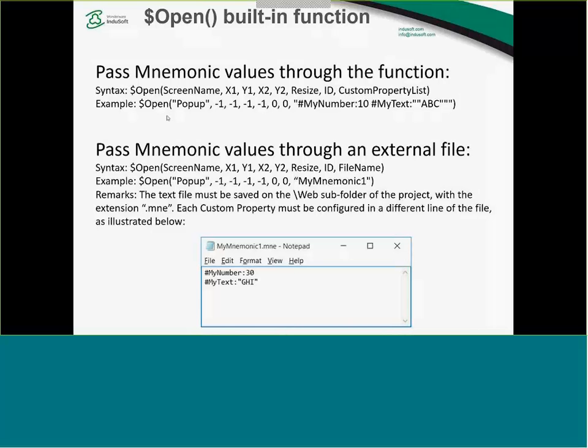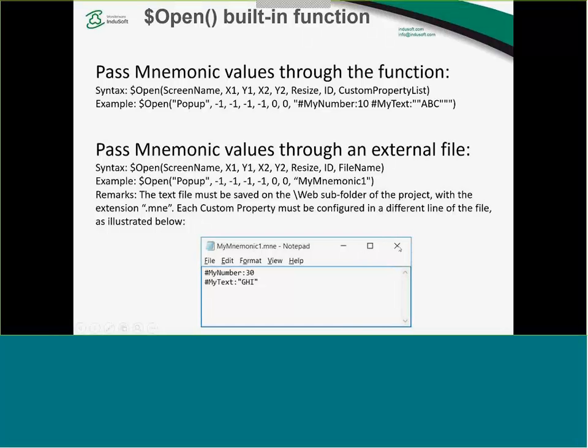Especially when you have too many custom properties, it may be cumbersome to write all of them as a single argument of the function. So we give you the option to set the last argument of the open function as a file name and save this file in the web subfolder of the application with the extension MNE. And in this file, you can set your custom properties and the values.